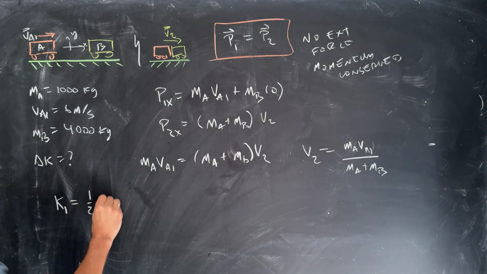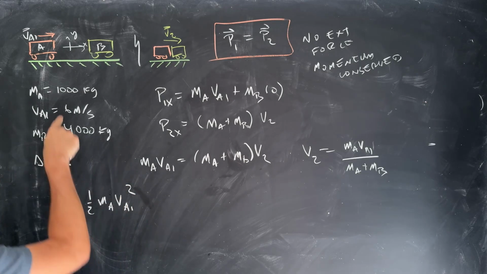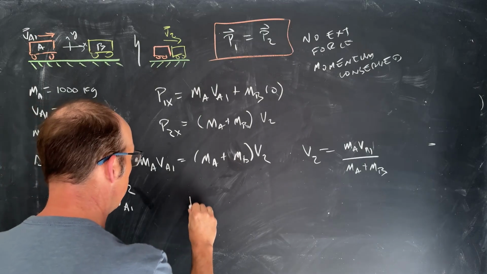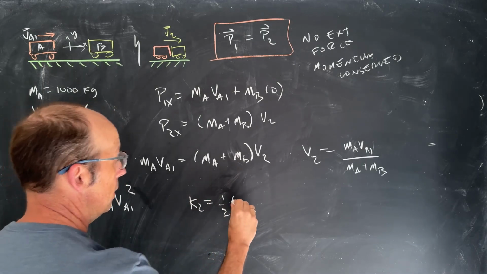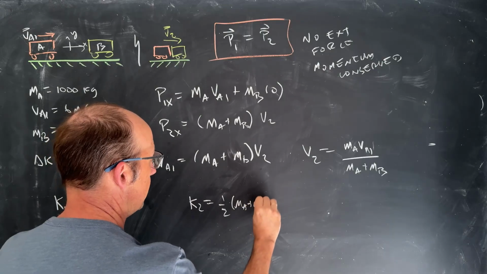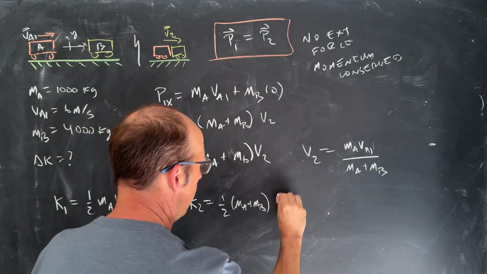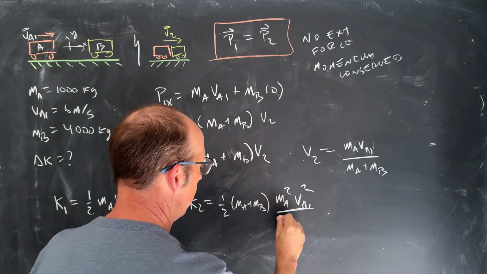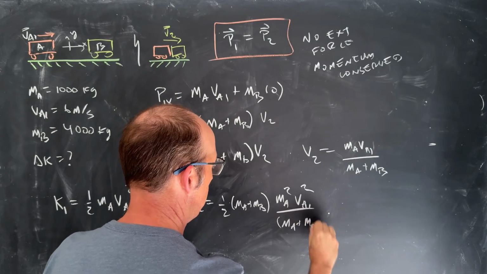It's 1/2 MA VA1 squared plus the initial kinetic energy of B, which is 0. And let's calculate the final kinetic energy. K2 is 1/2 the total mass, MA plus MB, times this velocity squared. So that's going to be MA squared VA1 squared over MA plus MB squared.